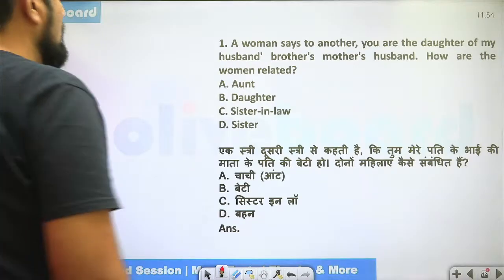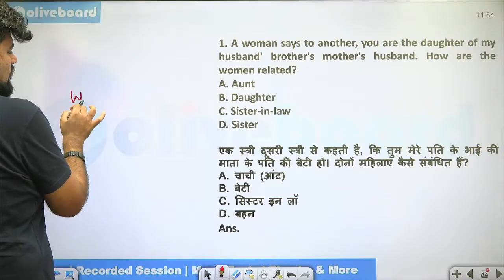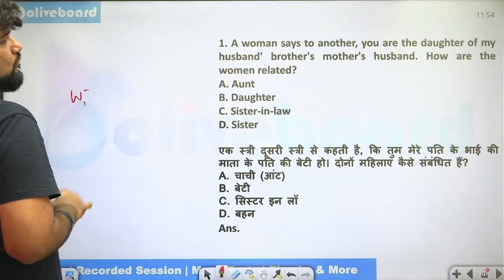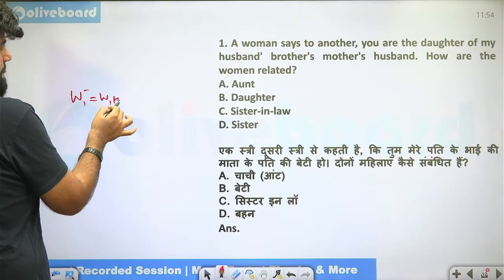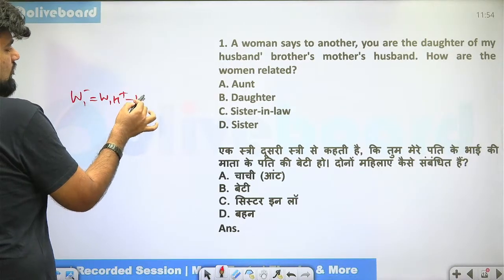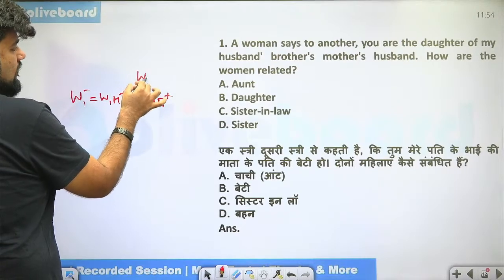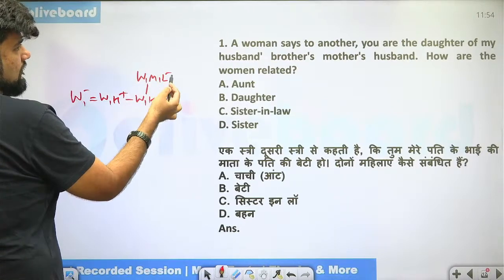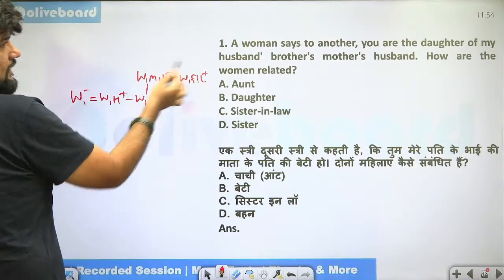Okay, very good. A woman says to another, so the woman is the speaker, woman 1. You are the daughter of my husband's brother's mother's husband. So woman 1's husband, his brother, his mother, that is woman 1's mother-in-law, her husband, woman 1's father-in-law. Clear?